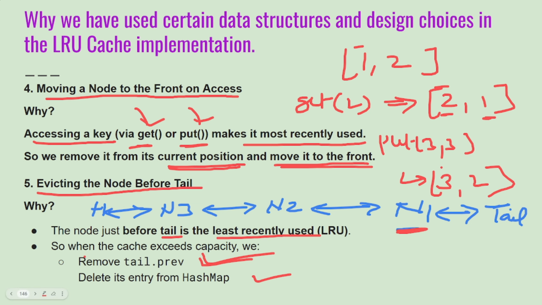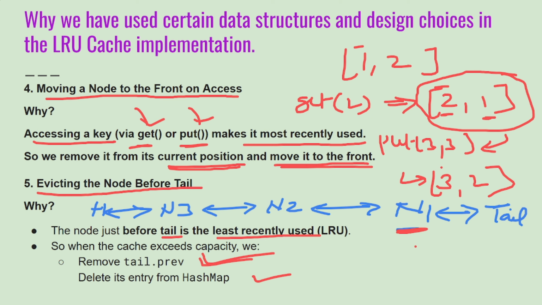So when the cache exceeds the capacity, let's assume this case, it was 2 and 1. When the capacity is exceeded while putting the new one, we have to remove from here. So what is the last one, the least recently used? If you consider this a doubly linked list, it points to both sides.